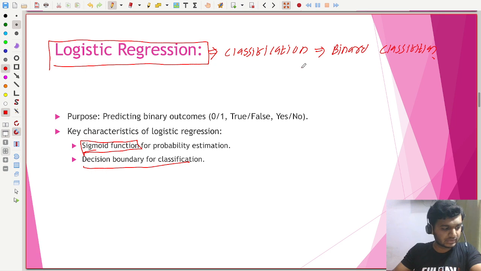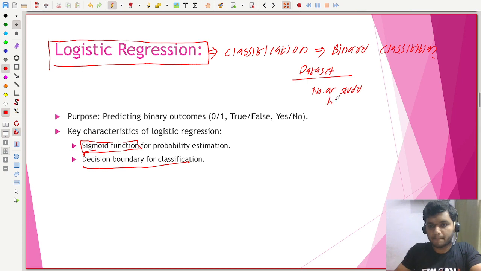Okay, so here first we will assume a data set. Suppose the data set is number of study hours and pass or fail. It is a binary classification.